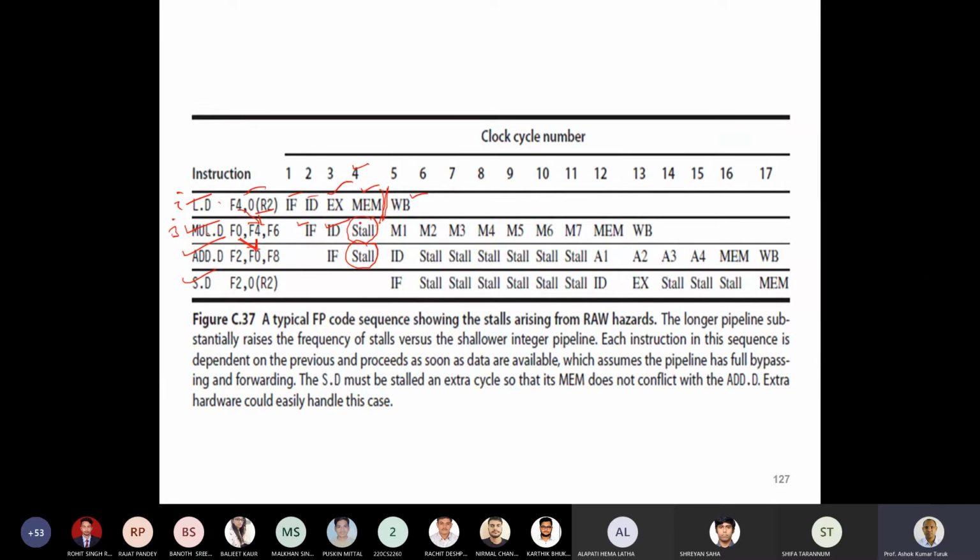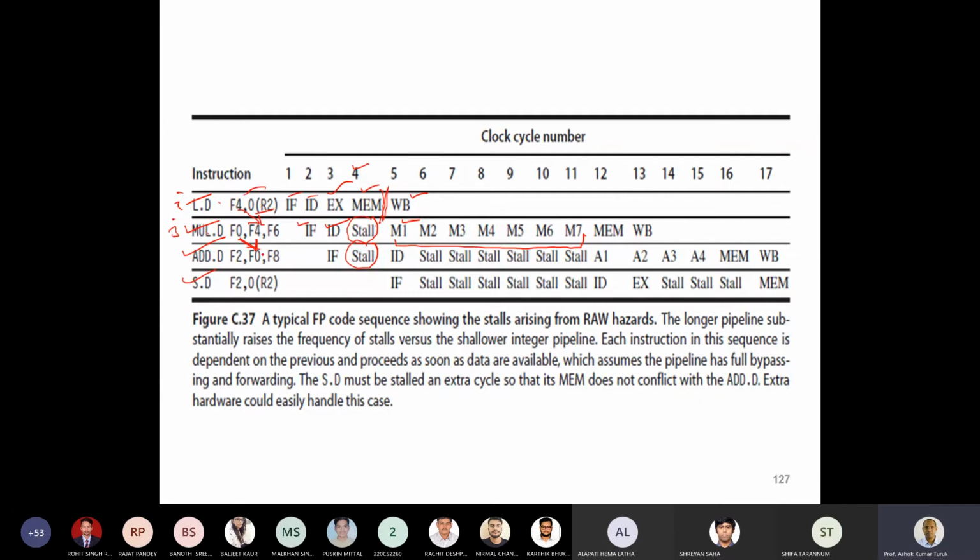By means of data forwarding, it can be sent to the first stage of the execution of the multiply instruction. The multiply takes 5 phases, so it is sent to M1, then proceeds through M1, M2, M3, and the operand is available. They can proceed.